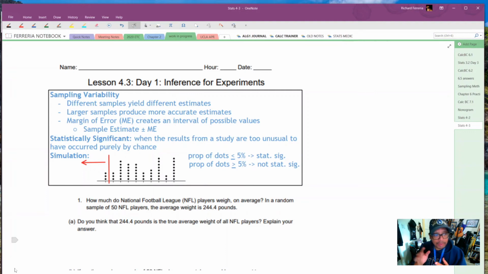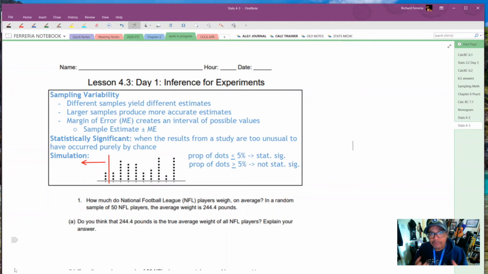And then there is this idea of the margin of error, which we didn't talk about in the experiment that we did today. The margin of error creates an interval of possible values for our average, or sometimes the value of a proportion.